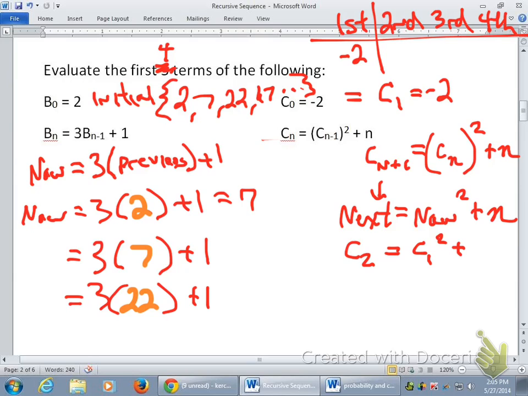Think about that for a second. I'm actually adding, see that was an n, and n is my second term, so I'm going to be adding an actual 2 right there. Because this n isn't part of a recursive part, this is actually more of my explicit part of the formula. So if I plugged in a 2 here, then that's going to be a 2.